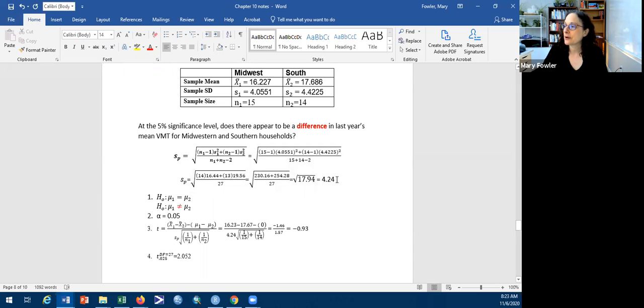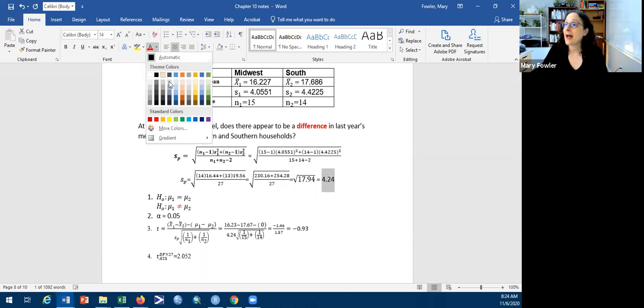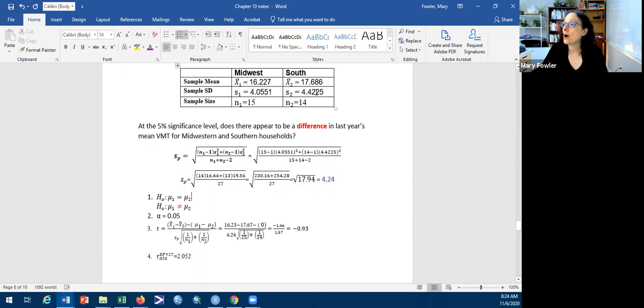So notice here that my final answer is 4.24. I need to look at that value and compare it to these values. My pooled standard deviation, 4.24, must be between S1 and S2. That's your internal check.